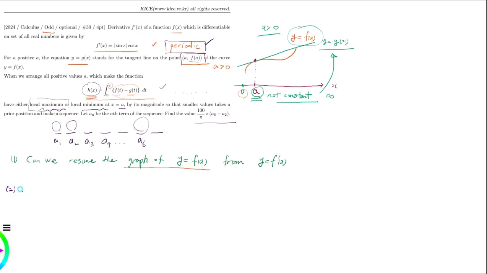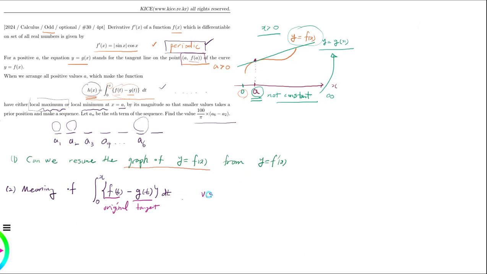What's the meaning of f(t) minus g(t)? And take its integration from 0 to x here. So the original function minus its tangent line, what's the meaning of this one?